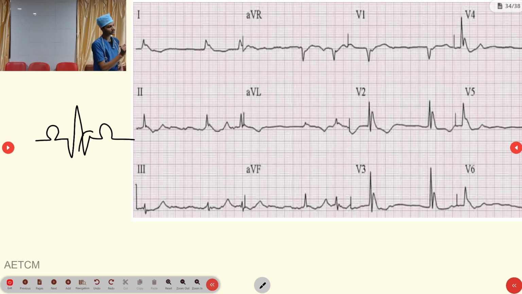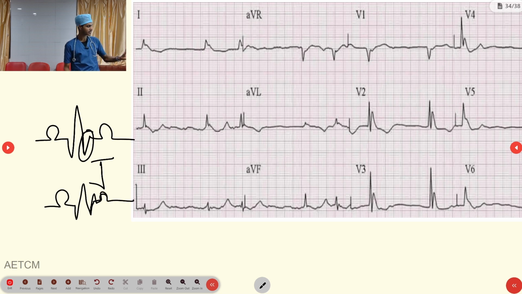This point is your J point, right? Here you have a negative pattern, but in your Osborn J wave there will be a positive pattern. You will get a P wave, QRS, and then a positive J wave, and then you will get a T wave.